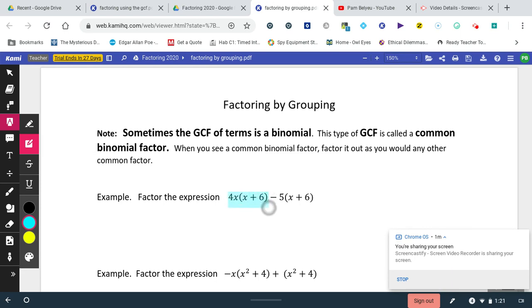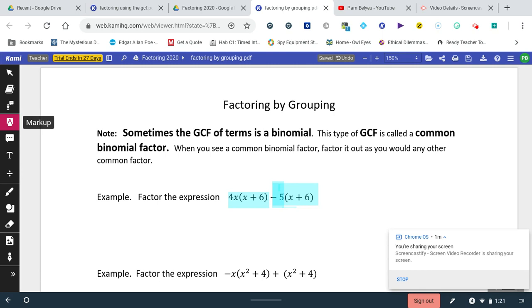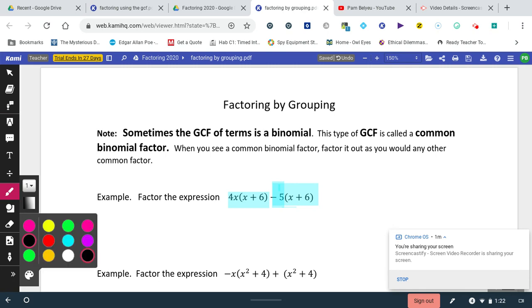All right, so here and also here. You should see a common binomial factor. Okay, so what binomial do you see that they have in common? That would be x plus 6. See, x plus 6 is here, and x plus 6 is here. So we'll say the common binomial factor is x plus 6.